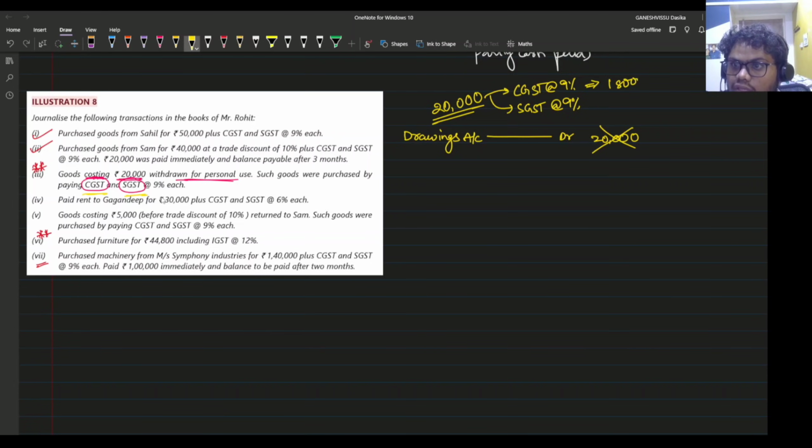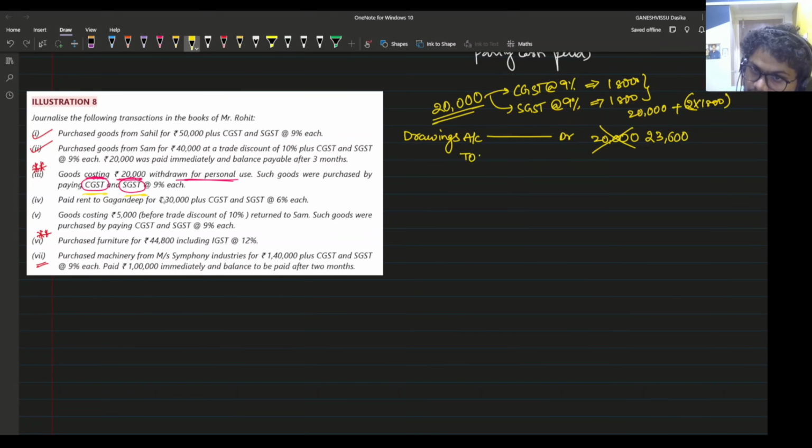Which is 1,800. Same, this is also 1,800 rupees. So this total amount is also to be included here. So what would be the amount? Not 20,000, but 20,000 plus 2 into 1,800. This is 3,600. Then this would be 23,600 rupees.